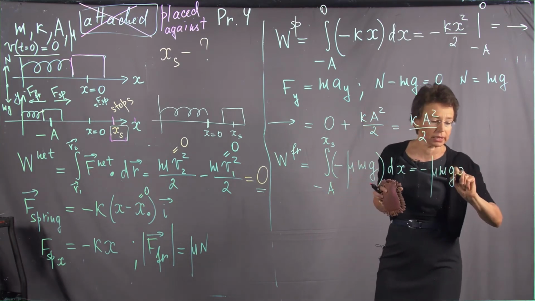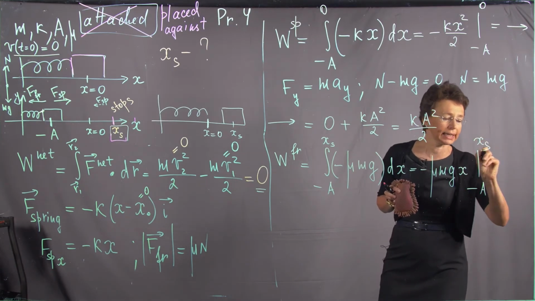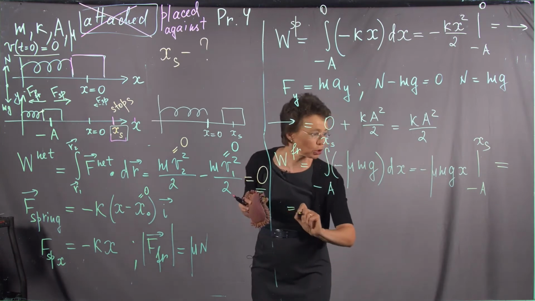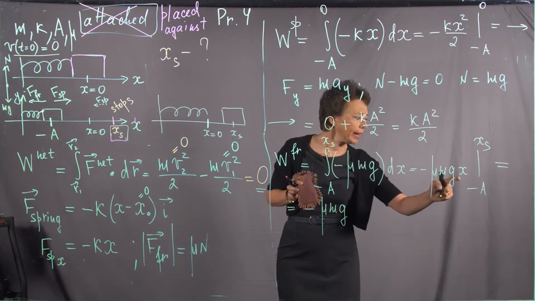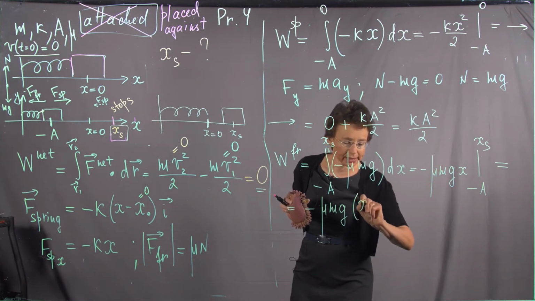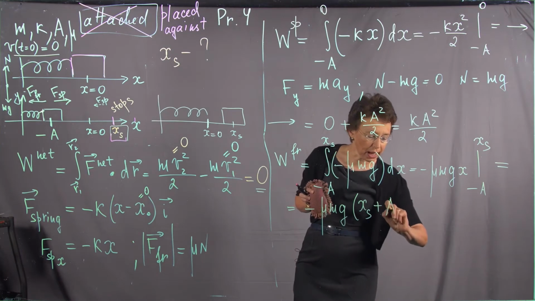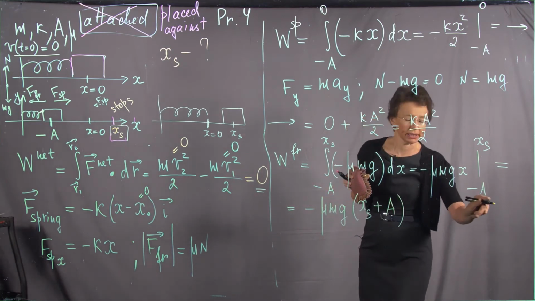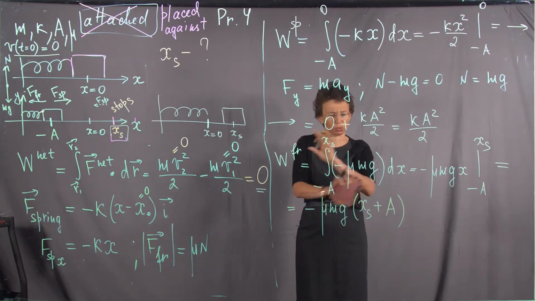Okay, let's not skip steps, from minus a to xs. And this is equal to minus mu mg times xs minus, minus the lower limit, minus a, plus. And this is work done by friction, which makes perfect sense.